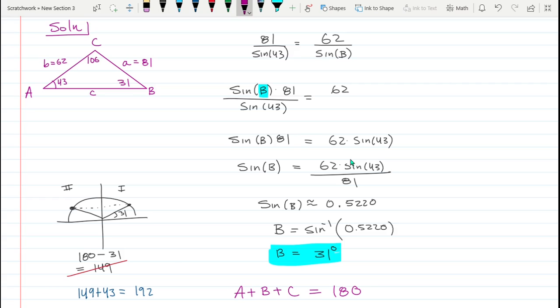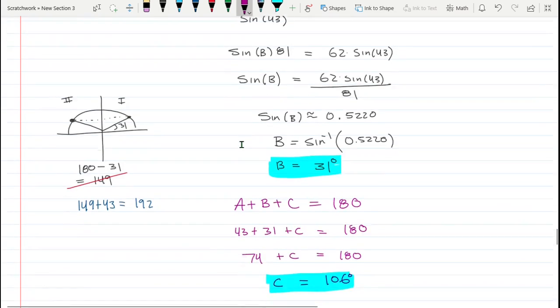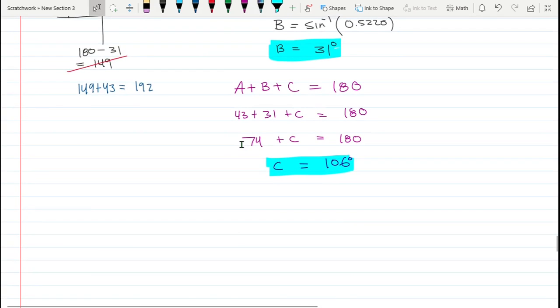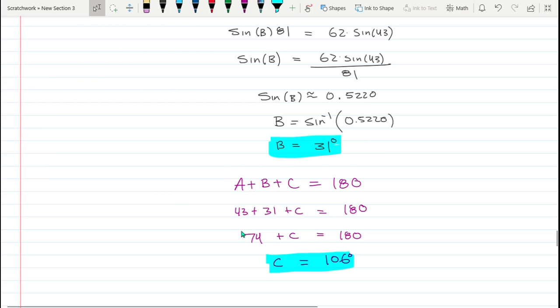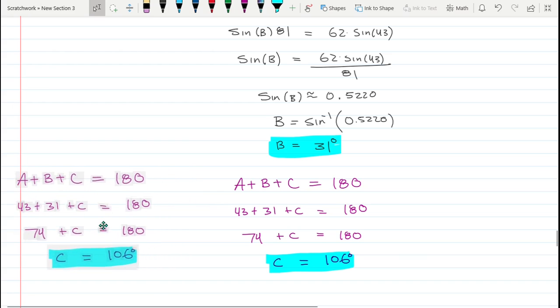Okay, so what are we missing? We have B, we have A, we are missing length side C. So let's move that aside for now. Make some room.